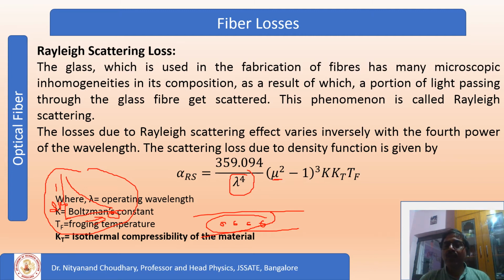So this is why this type of loss occurs. It is mainly because of the inhomogeneous composition of the medium that we get Rayleigh scattering.